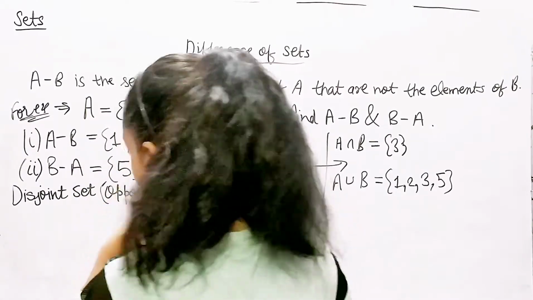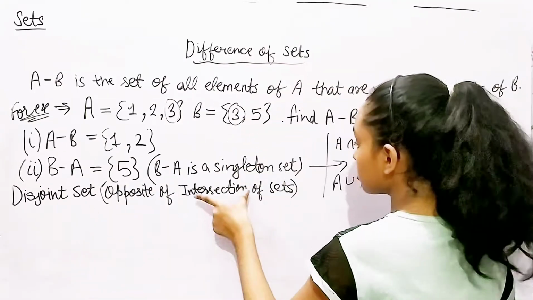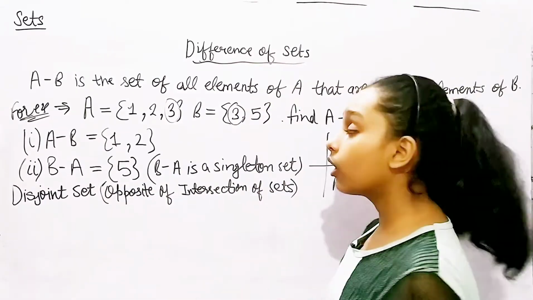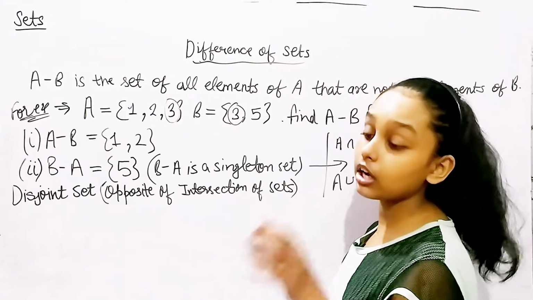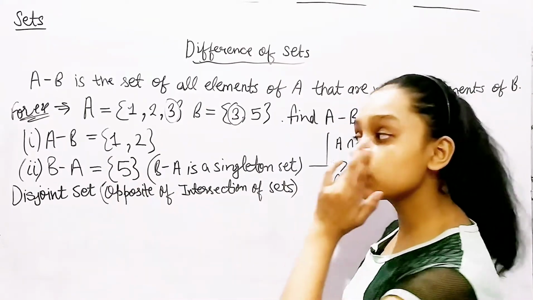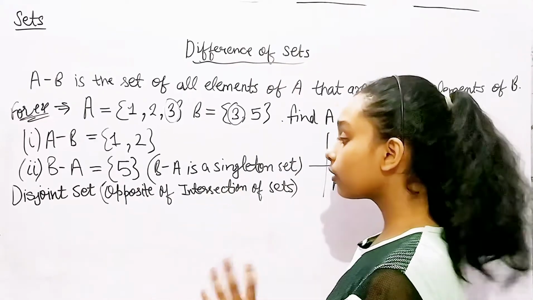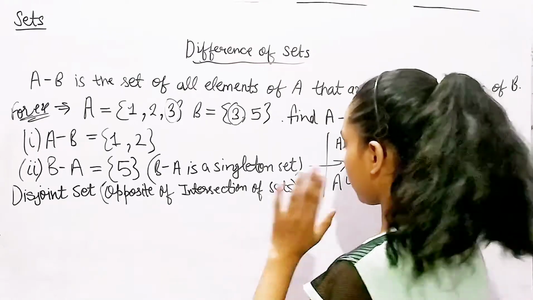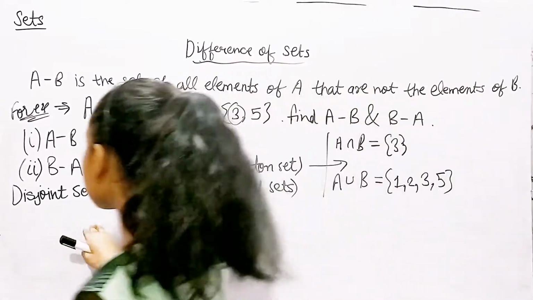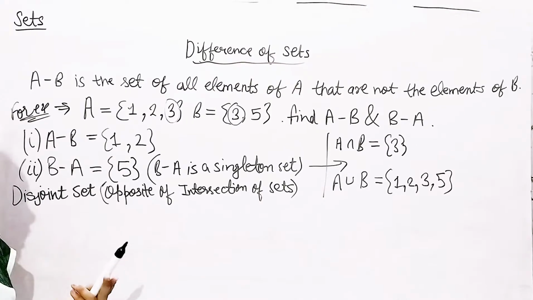In intersection of sets, we usually write the common elements. But in disjoint sets, we don't have any common elements.